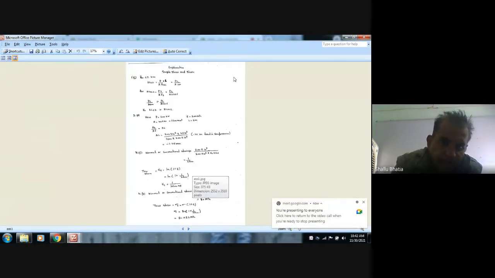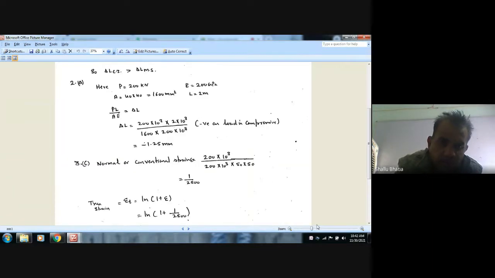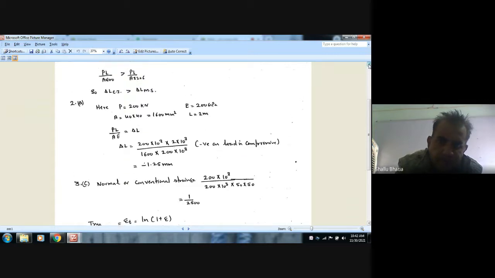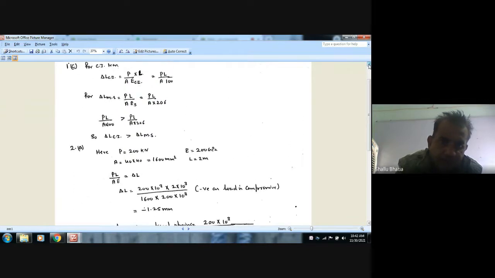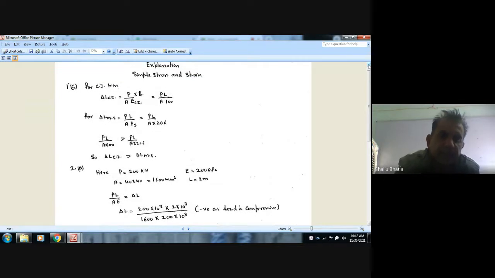Let delta CI be the change in length in cast iron, and delta MS be the change in length in mild steel. Then the change in length is P into L by A into E_CI, where E is 100 for cast iron. P, A and L are same for both mild steel and cast iron.